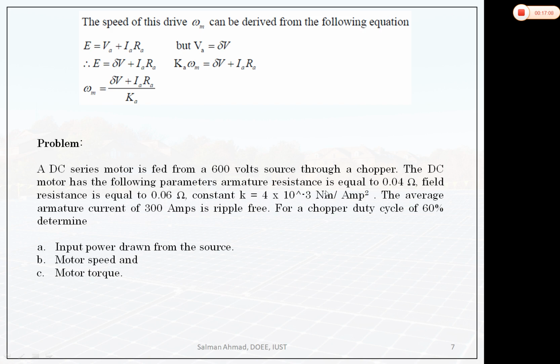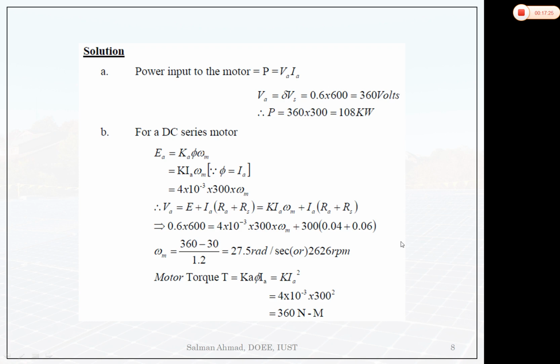Okay, so the armature voltage can be found as delta times V. Duty cycle is 60%, voltage is 600 volts, so 600 into 0.6, that will be 360 volts. Power will be armature voltage times armature current.